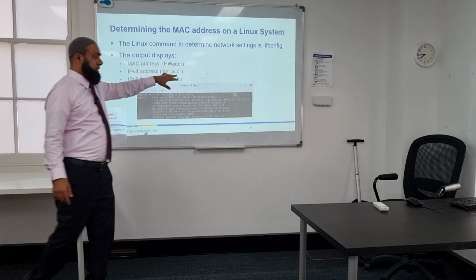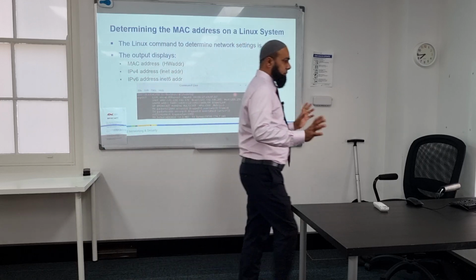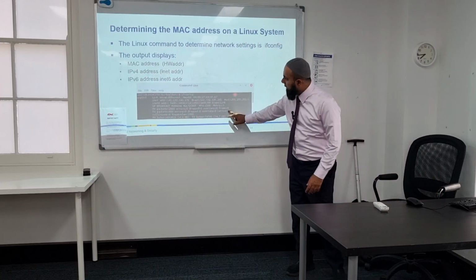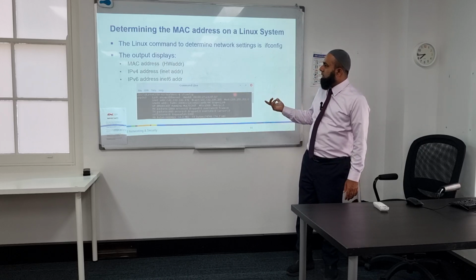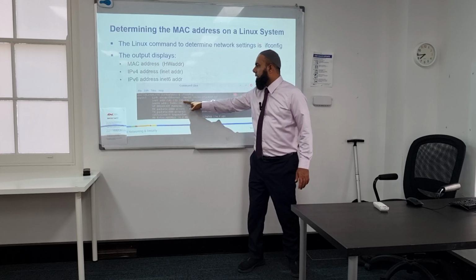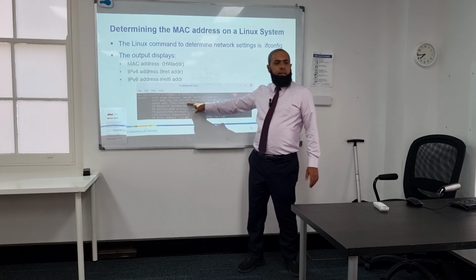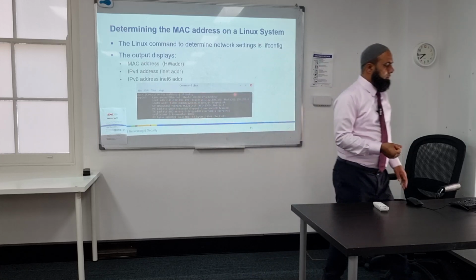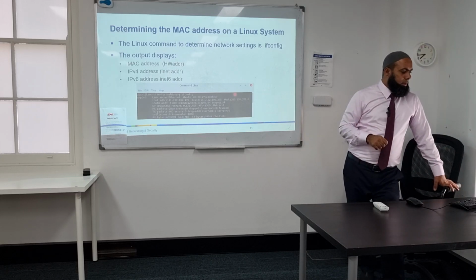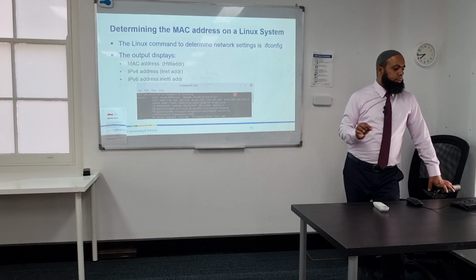So their names are different, but meanings are the same. So write down those things, because sometimes when you see from here, you say, okay, which is the IPv4? That is inet, the internet address in the Linux system, and IPv6 is known as the inet6 address.